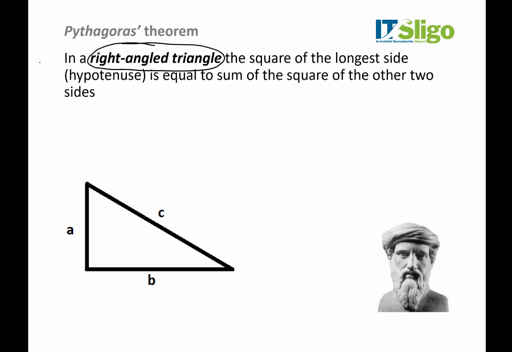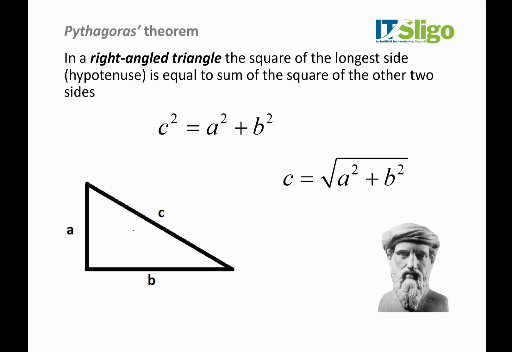So if you don't have a right angle triangle, you won't be able to work anything out with Pythagoras. C, the longest side, is called the hypotenuse. And Pythagoras' formula states c squared is equal to a squared plus b squared. Now when we get the square root of both sides, we get c is equal to the square root of a squared plus b squared.